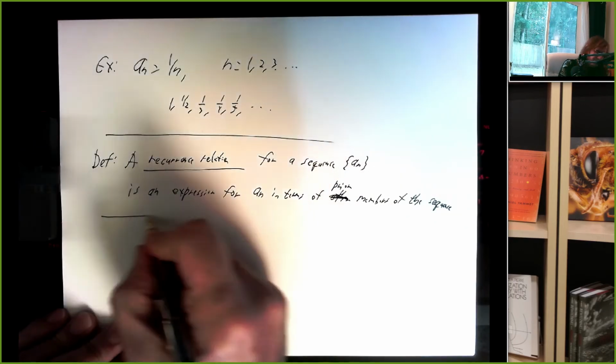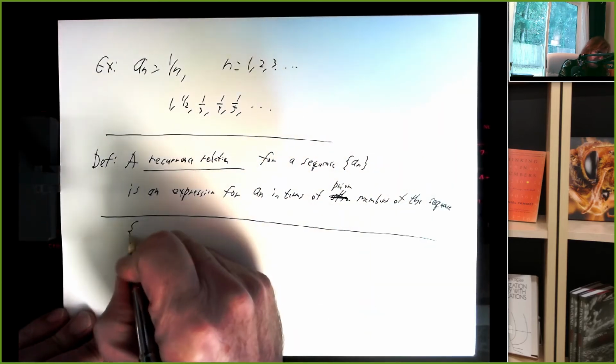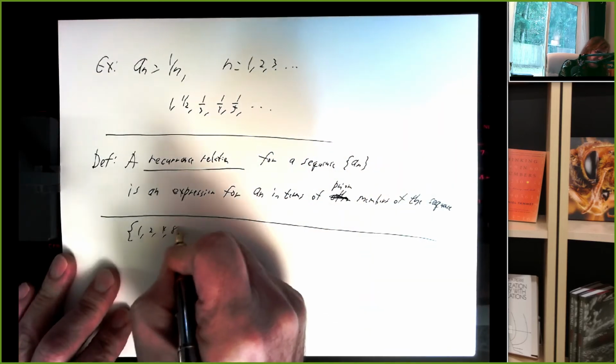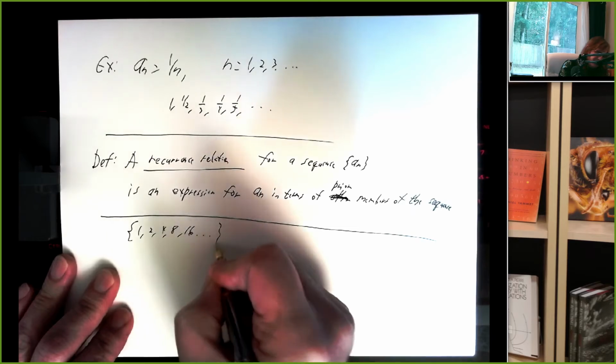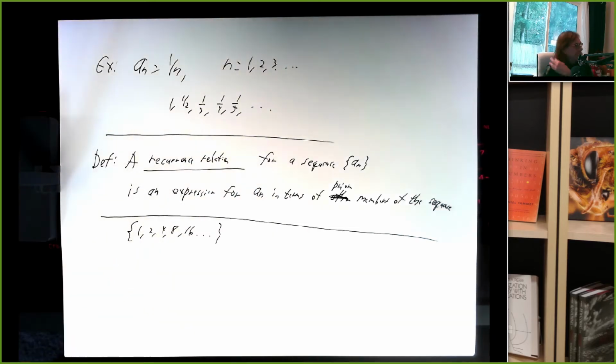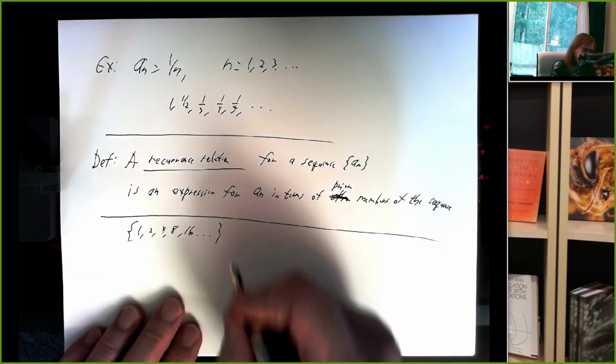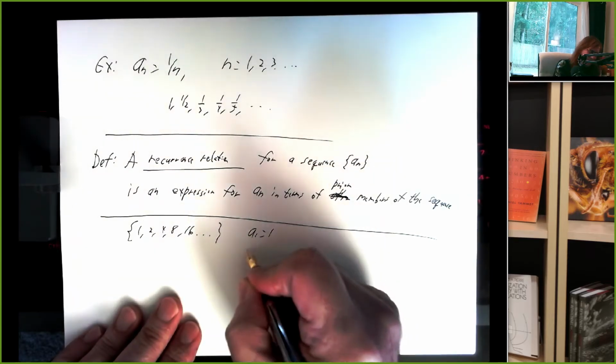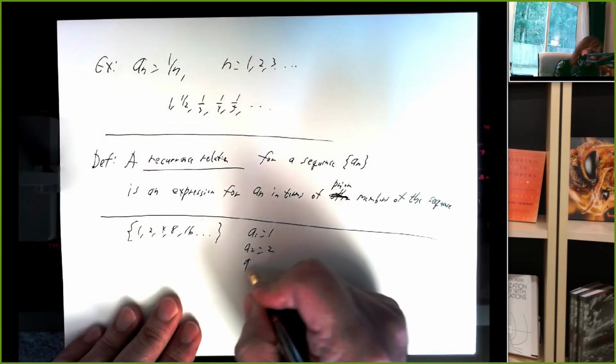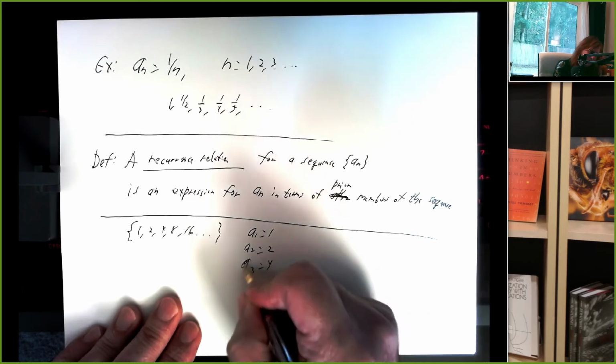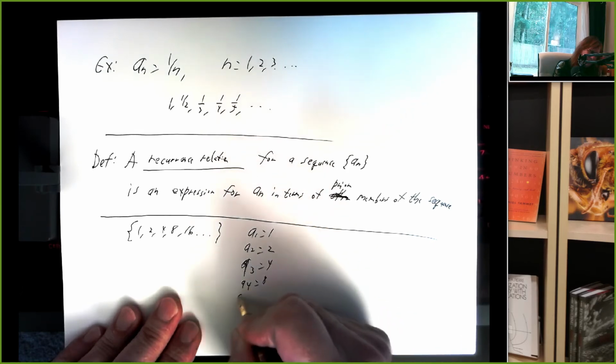For example, here's a sequence 1, 2, 4, 8, 16, and so on. And so, for example, a of 1 is 1, a of 2 is 2, a of 3 is 4, a of 4 is 8, a of 5 is 16, and so on.